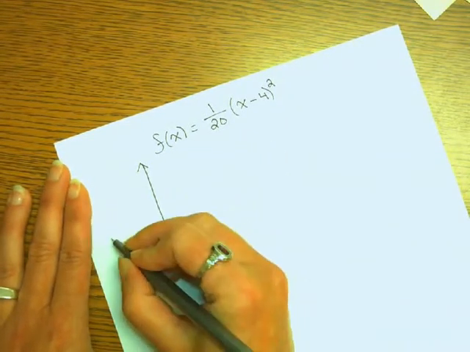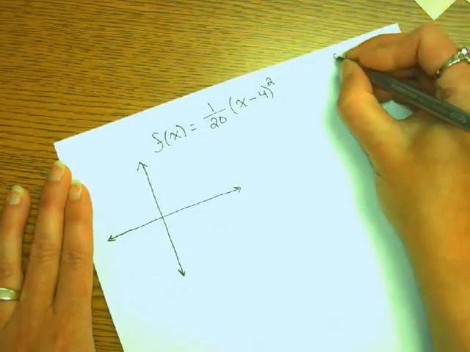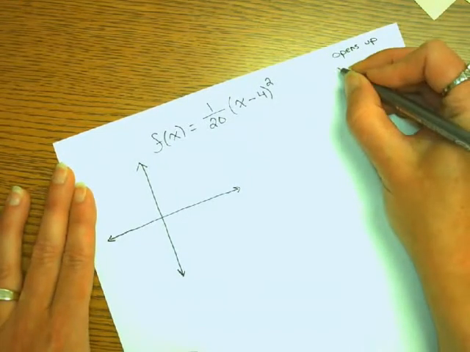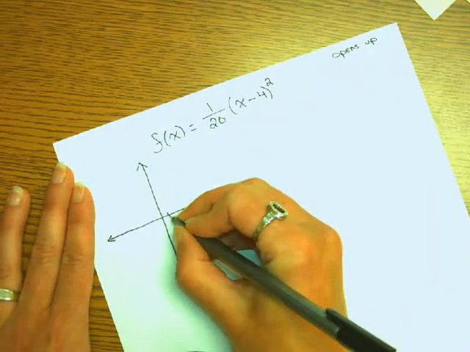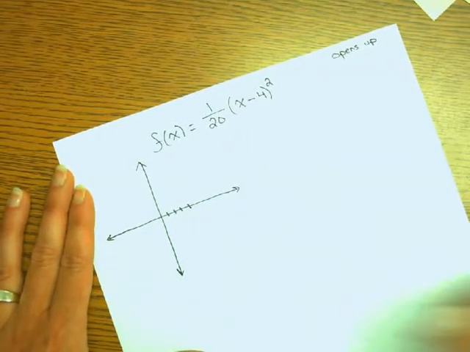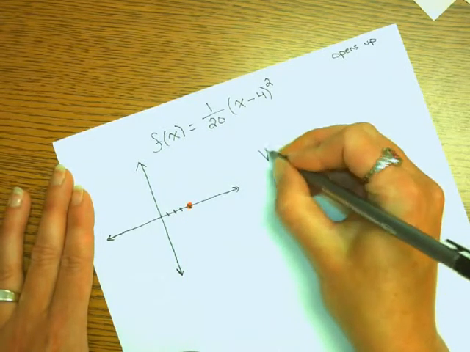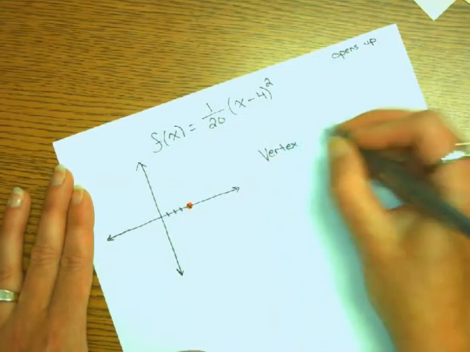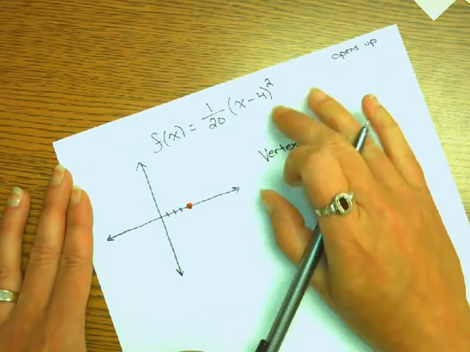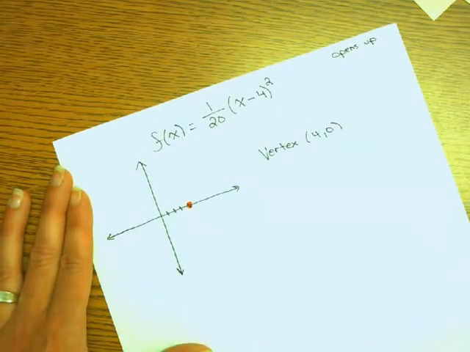Which way is this parabola opening? It opens up. And it is shifted 4 to the right. So that means 1, 2, 3, 4. That's where my vertex is. It's at (4, 0). And notice I'm not adding anything at the end or subtracting, so yes, the vertex is at (4, 0).